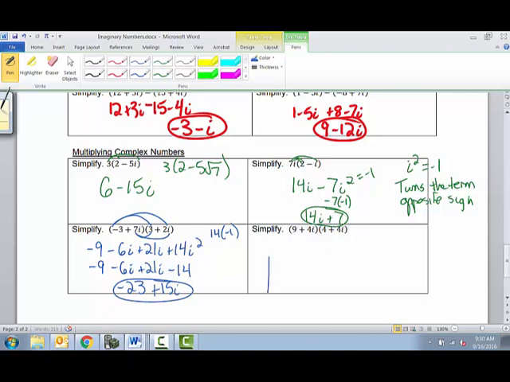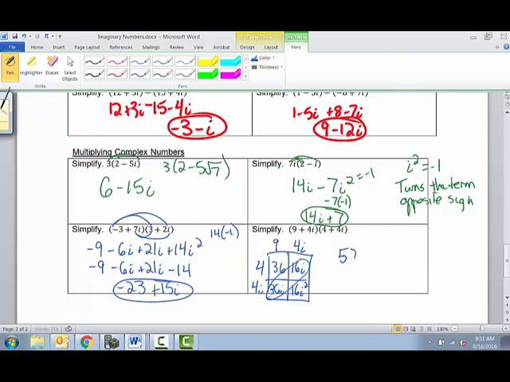Same thing here. I'm going to do the box on this. So 9 and 4i, and 4 and 4i. 4 times 9 is 36. 4 times 4i is 16i. 4i times 9 is 36i. And 4i times 4i is 16i squared. So these two can be added up.